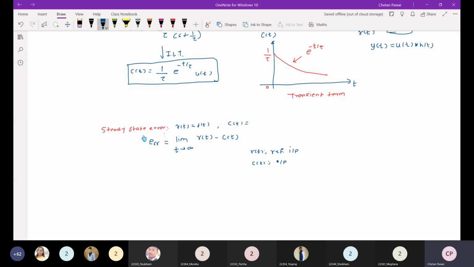C of t will be 1 by tau e raised to minus t by tau u of t. So that will be delta of t minus 1 by tau e raised to minus t by tau u of t. So calculate what steady state error you get.